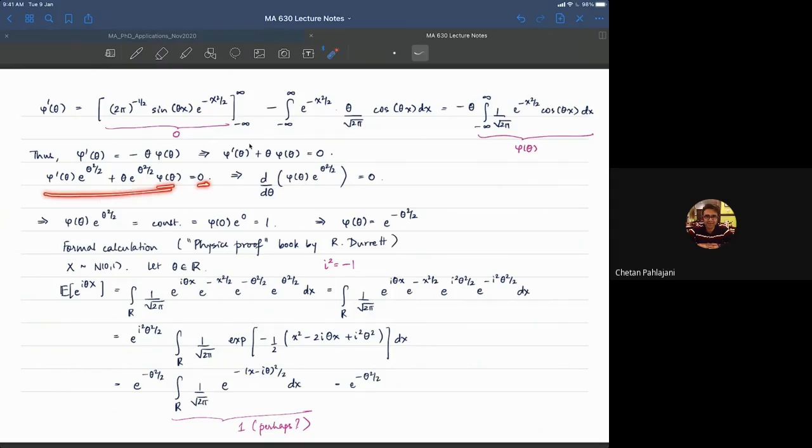Now you stare at the left side and realize that this is nothing but d d theta of the product. If d d theta of this product is 0, then the product must be constant. So phi theta e to the theta squared over 2 must take the same value for all theta. For theta equals 0, you get phi 0 times e to the 0, which you know is 1, and so phi theta must be e to the minus theta squared over 2.